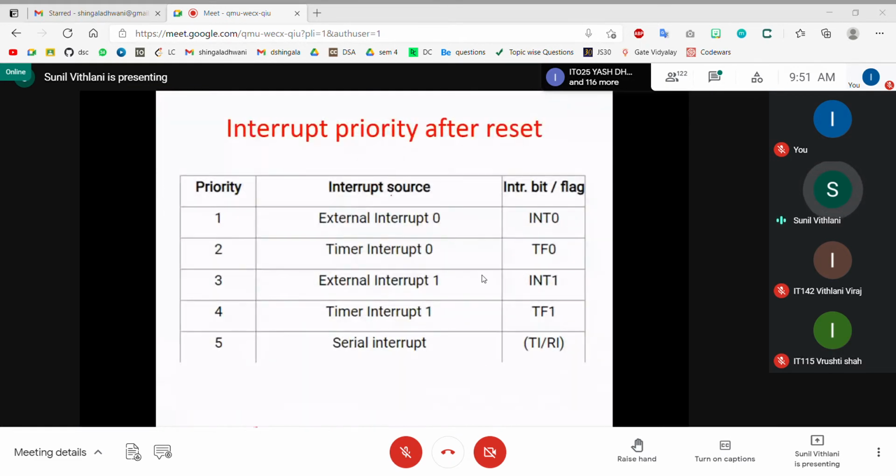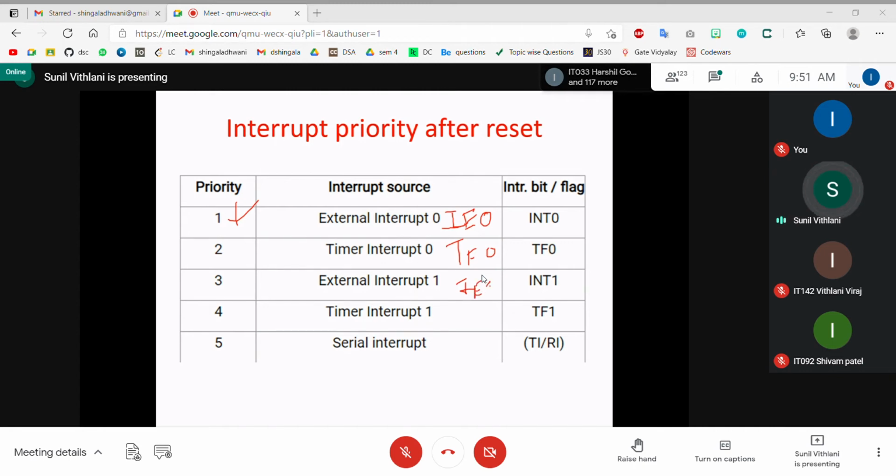And yes, what is the priority? If more than one interrupt is generated at the same time, then which interrupt should be solved first? External interrupt 0 has the highest priority. External interrupt 0, इसको generally हम क्या बोलते हैं? IE0. Then the timer flag, ये जो timer 0 है, then IE1.